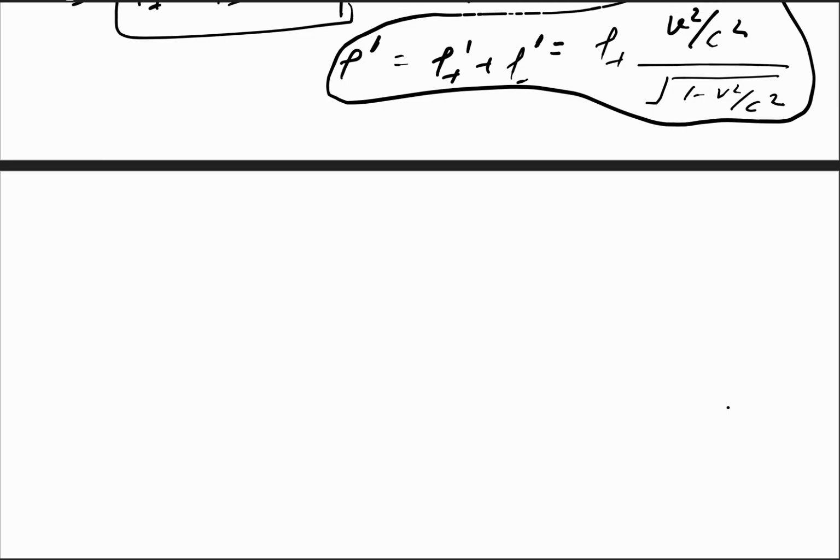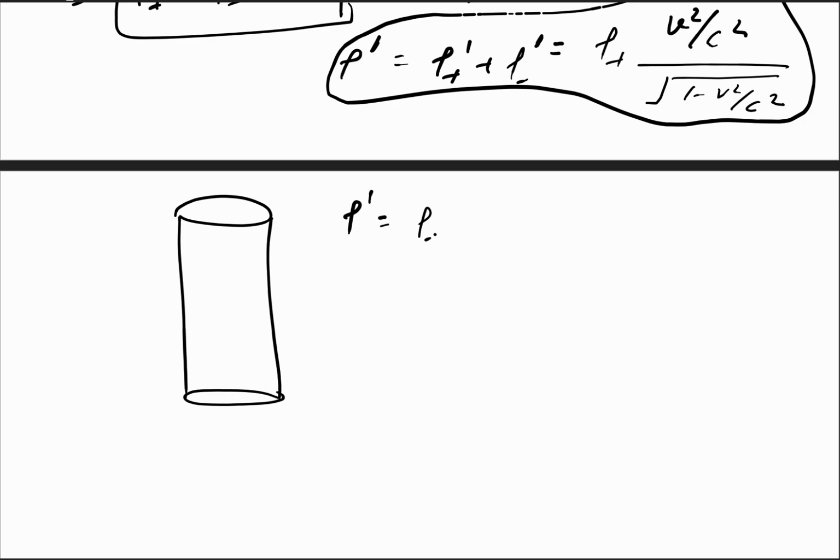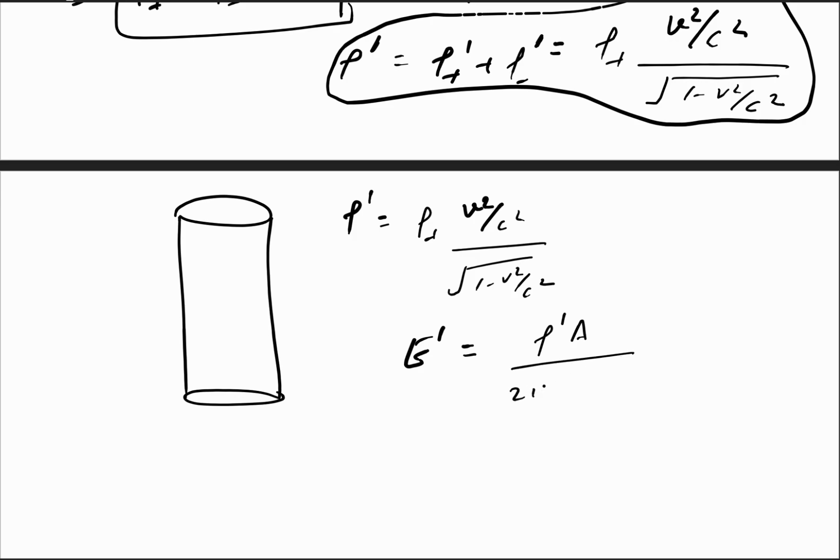Now what will be the value of this force? This is a conductor which has a surface charge density rho dash equal to rho plus v square by c square over 1 minus v square by c square. So it will create an electric field which is given by rho dash a over 2 pi epsilon naught r at a point r from the axis.